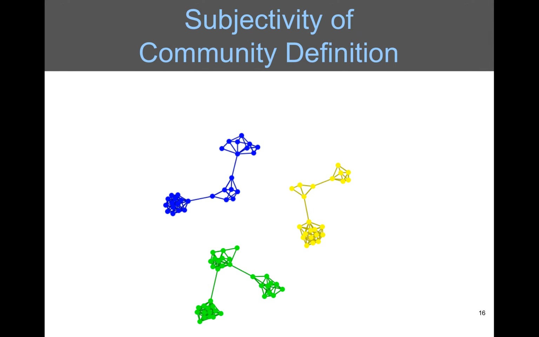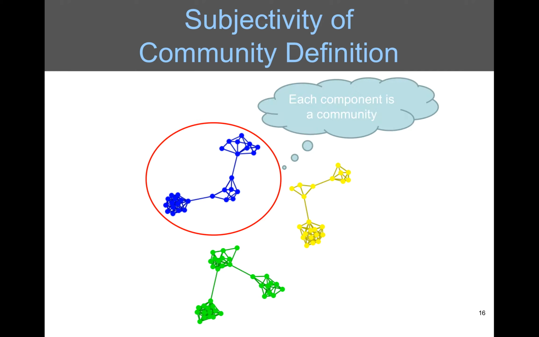As an example of how subjective community detection can be, here's an example of a network, and you notice that the network is in three parts, and we're just coloring it in different colors to highlight that. But typically, when it's given to you, you don't know these colors. You just have a bunch of nodes connected by edges. One thing you could say, for example, is each component is a community.